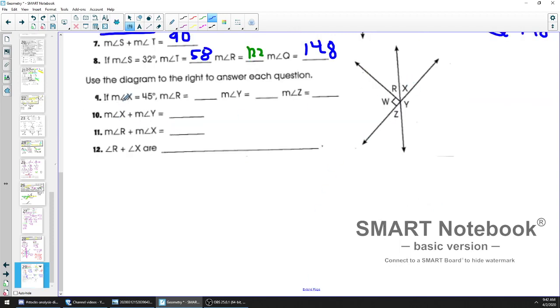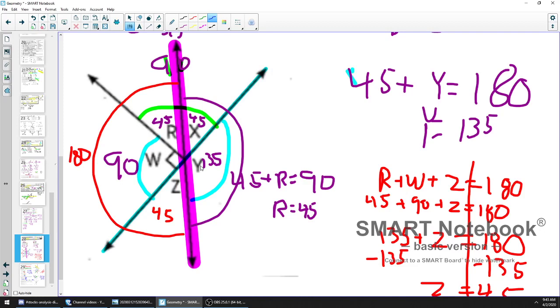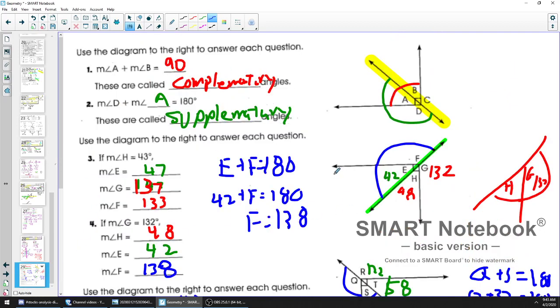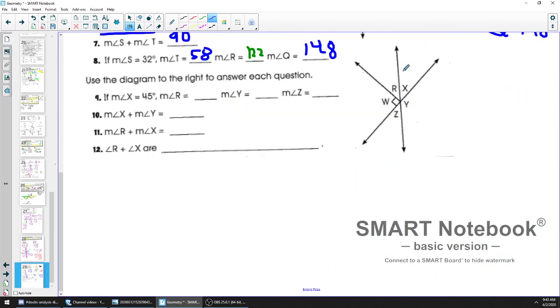All right. So this last one, we did it in our previous video. So I'm not going to bore you with the whole process again. I'm just going to fill it in very quickly. Remember, this is 45, correct? Okay, this is a straight line.